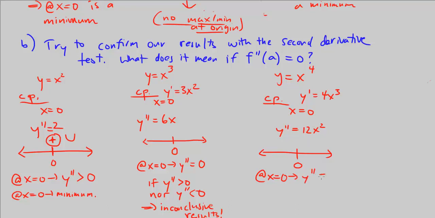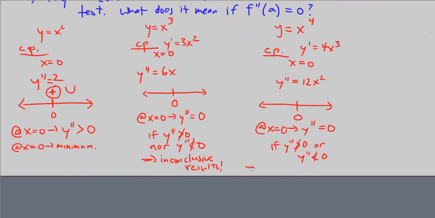Well, you plug it in there, it's equal to 0 again. So the same thing, if y double prime is not greater than or equal to 0, or y double prime is not less than or equal to 0, so if none of these are true, then we have inconclusive results.